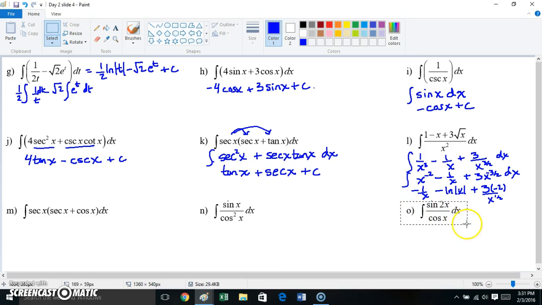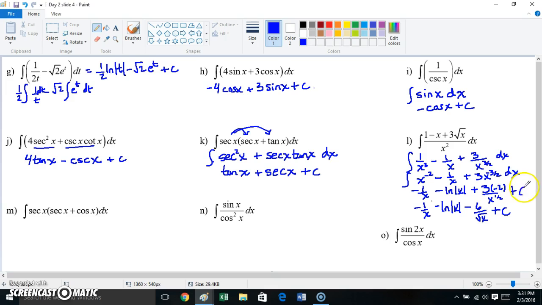Okay, so for this one, I'm going to simplify a little bit. We're going to call this negative 1 over x minus the natural log of the absolute value of x minus 6 over the square root of x plus c. Letter M, let's distribute again.